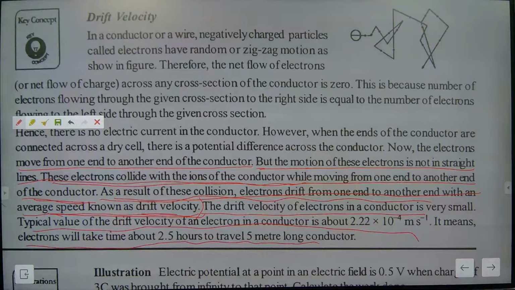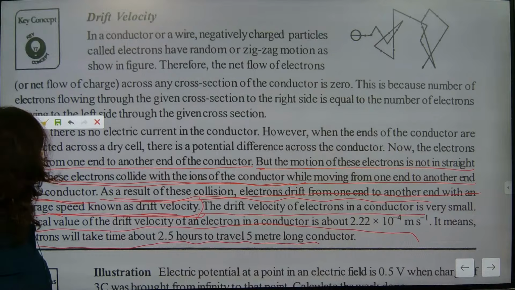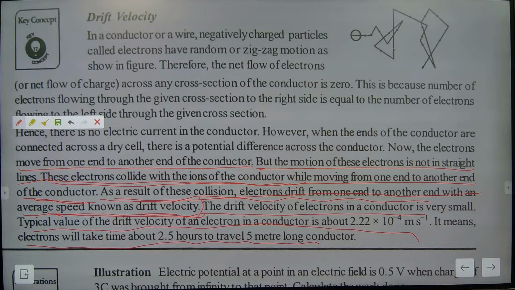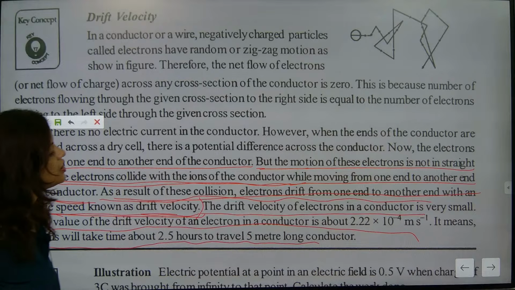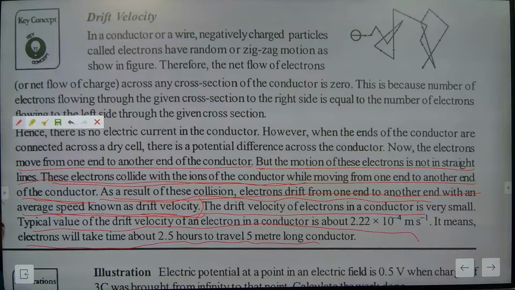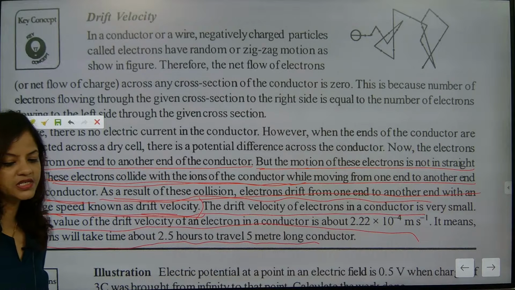About drift velocity, everyone note down this one. The drift velocity of electrons in a conductor is very, very small. The typical value of drift velocity of electrons in a conductor is about 2.22 into 10 to the power minus 4 meter per second.